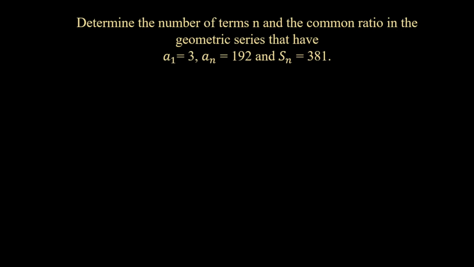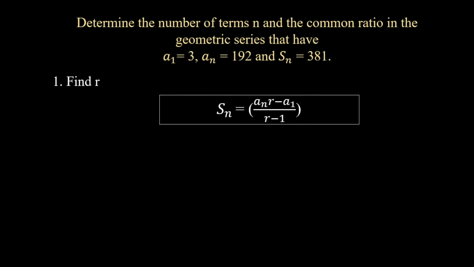Determine the number of terms n and the common ratio in the geometric series that has the first term equal to 3, a sub n equals 192, and S of n equals 381. Find the common ratio first, since all the variables fit in the geometric series formula.